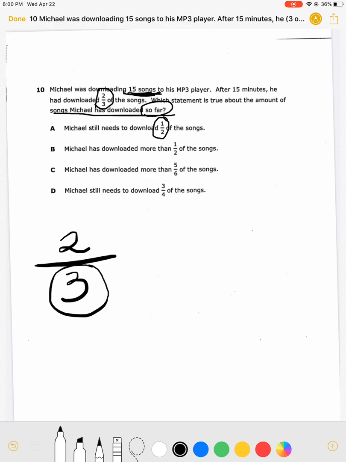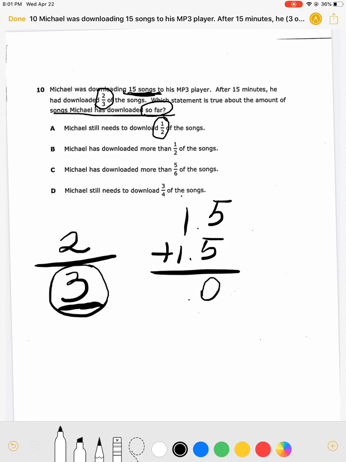This says 1/2. If we add 1/2 to this, would that work? In another problem, we talked about half of 3. Half of 3 is 1.5. And our numerator says 2, and 2 is greater than 1.5. So that's not true.